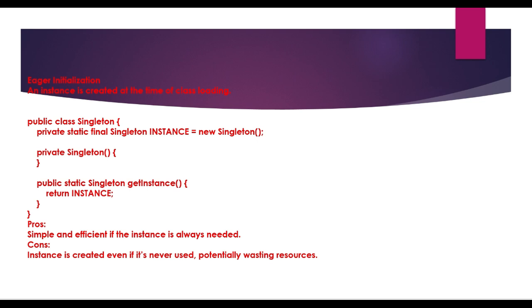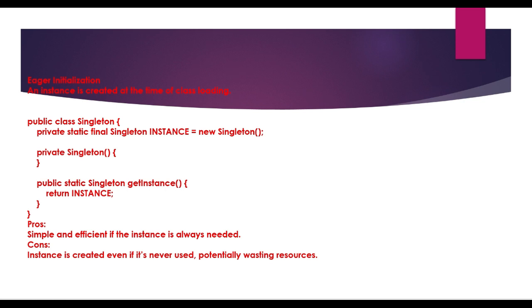The benefit of this is that it's quite simple, and this instance will always be available. The disadvantage of this approach is that, as I mentioned, it will automatically create the instance whether you require it or not. This is potentially a wastage of resources if it is not required.